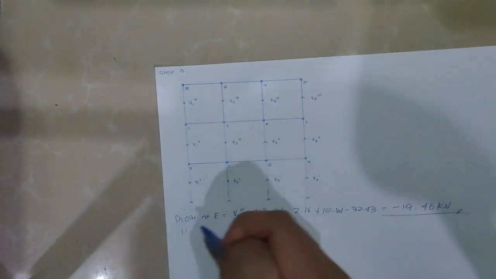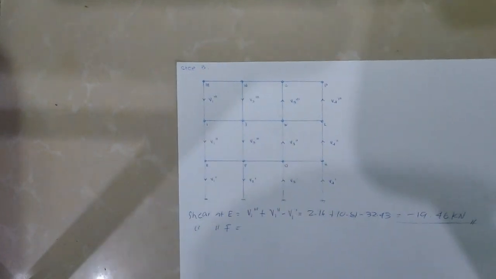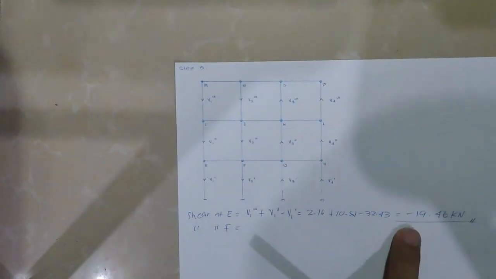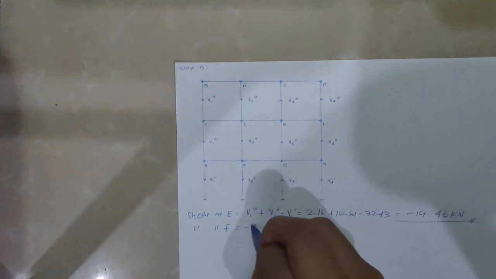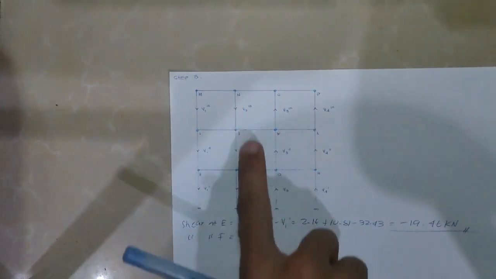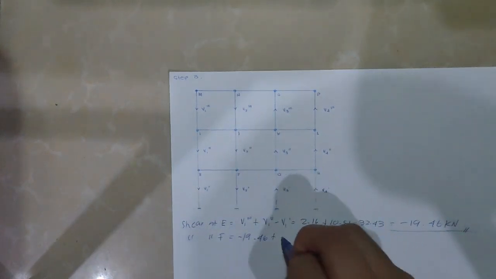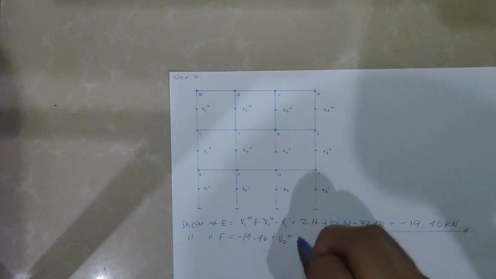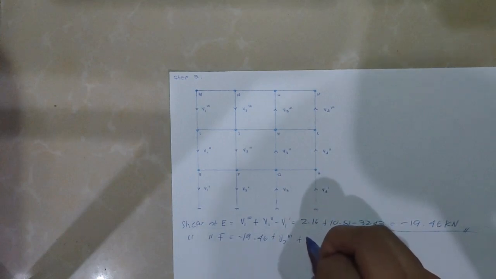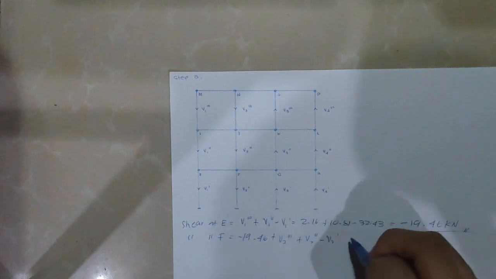So for the shear at F, it is the same process. We copy the negative 19.46, and then same process: this one positive, this one negative, plus V2 of the second floor minus V2 of the first floor.